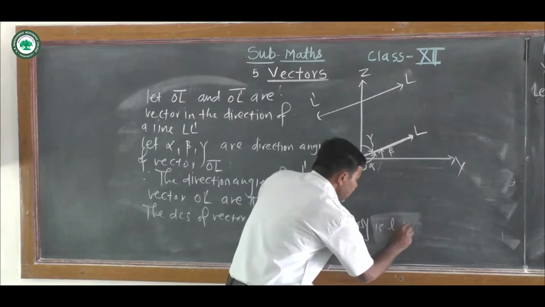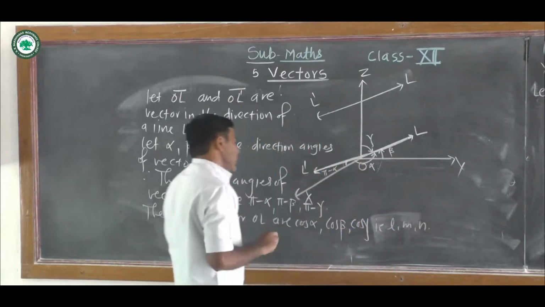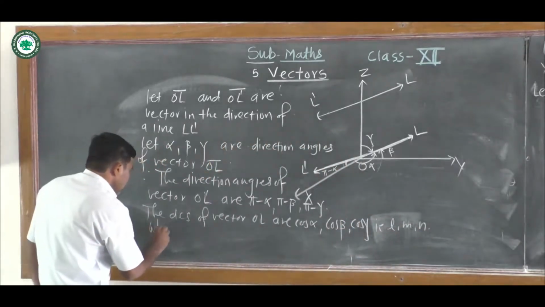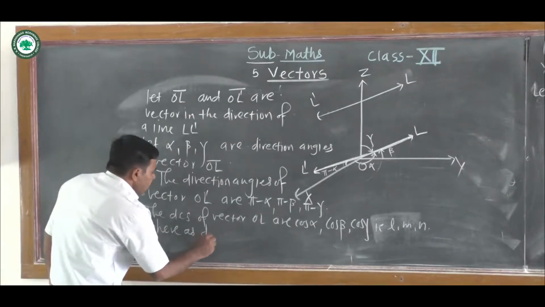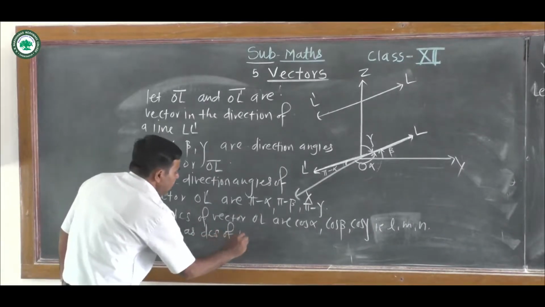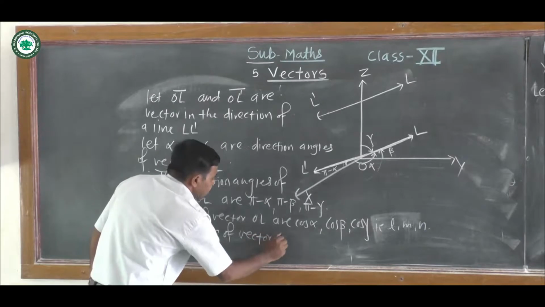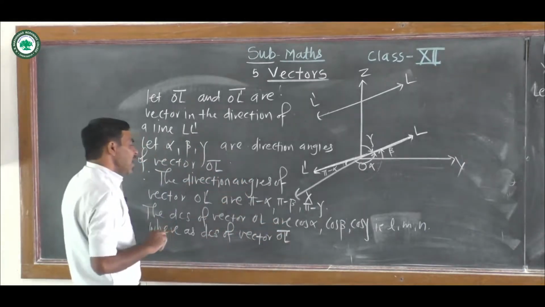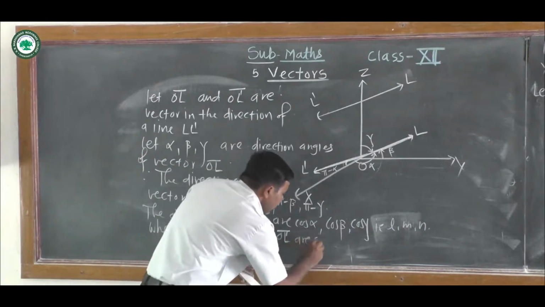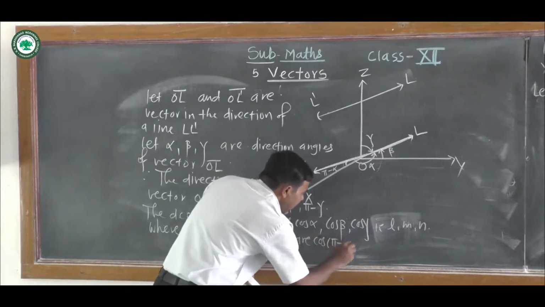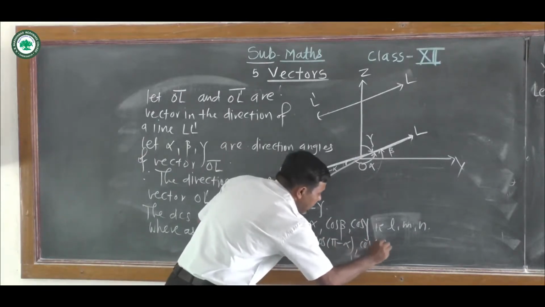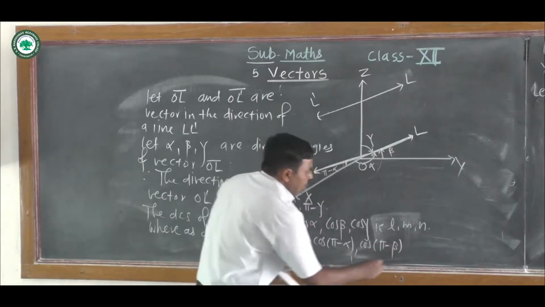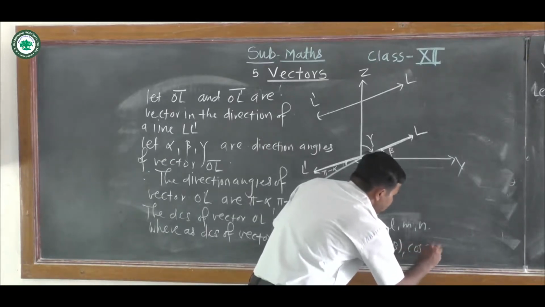So that is L, m, n. Whereas direction cosines of vector OL dash are cos of pi minus alpha, cos of pi minus beta, and cos of pi minus gamma.